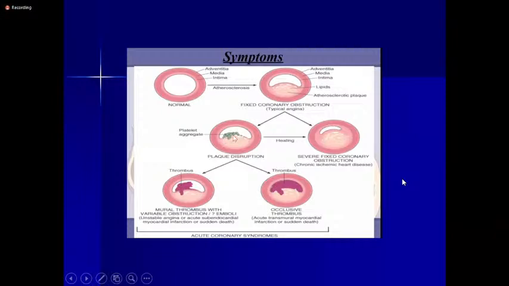So you begin to have platelet aggregation there. And then, like I mentioned earlier, the clot propagates, forms a thrombus, and this may go on to complete obstruction, which is what gives you an ST elevation myocardial infarction.